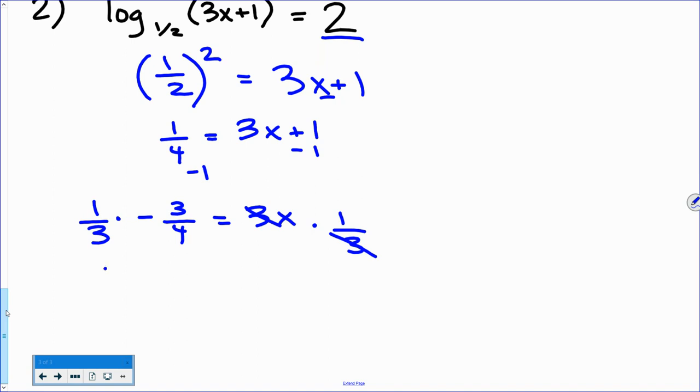So 1 times -3 is -3. 3 times 4 would give me 12. If I enter that in Math Excel, it'll probably come back and say you need to make sure you simplify your fractions, right? So divide each by 3. So -1/4 would be my answer.